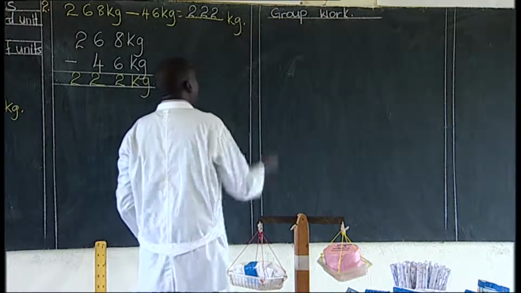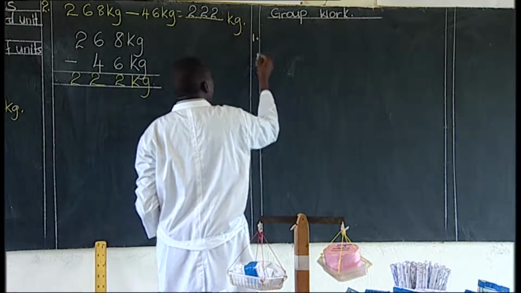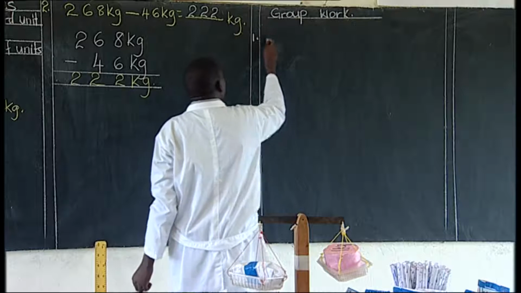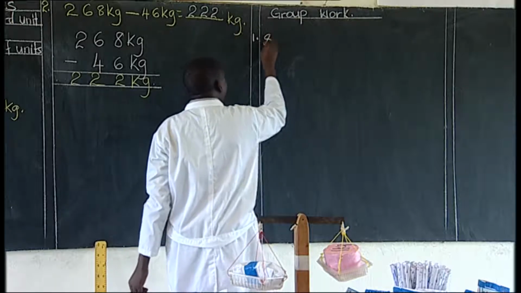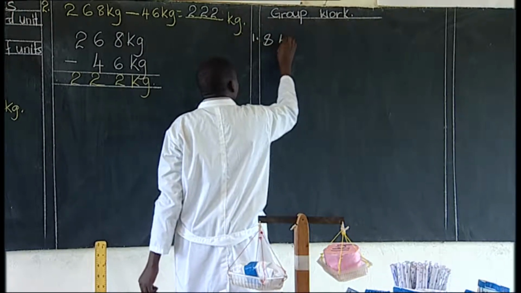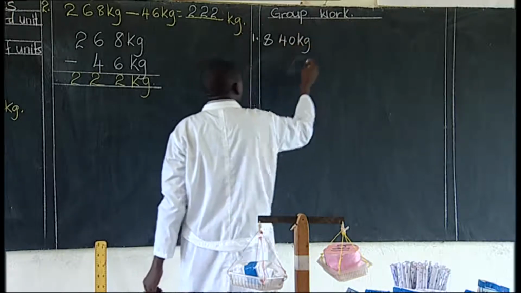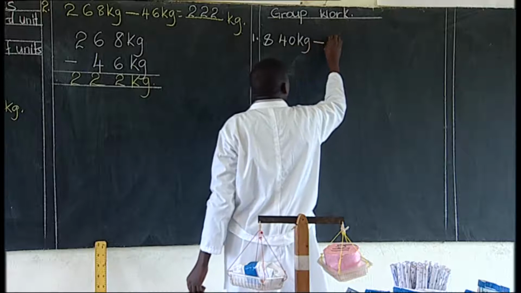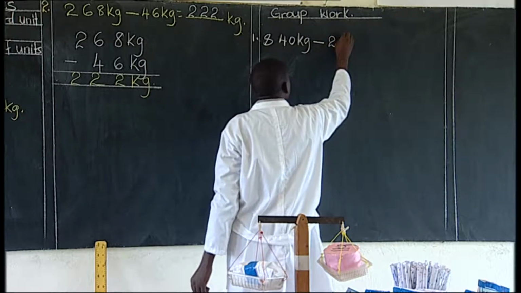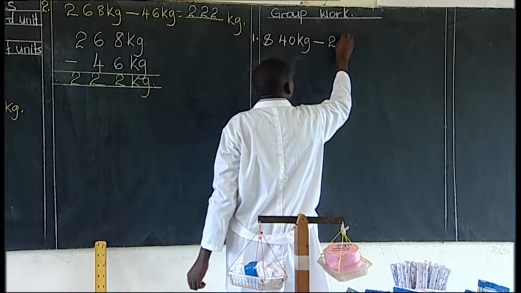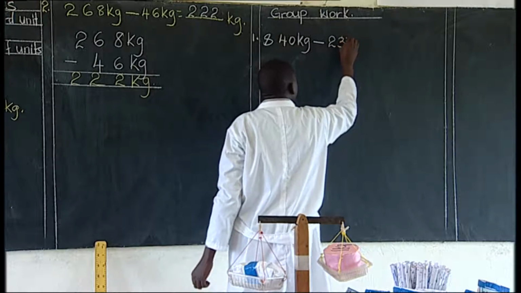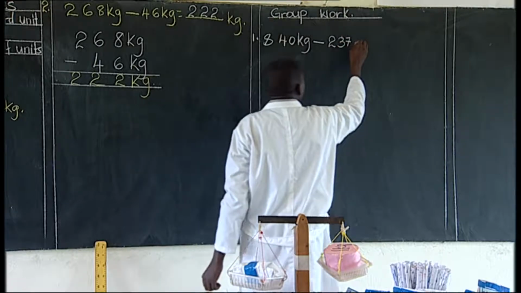We have number 1. Here, subtract for me. We have 840 kilograms. Take away 237 kilograms.